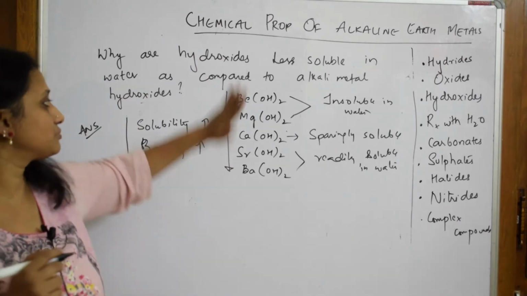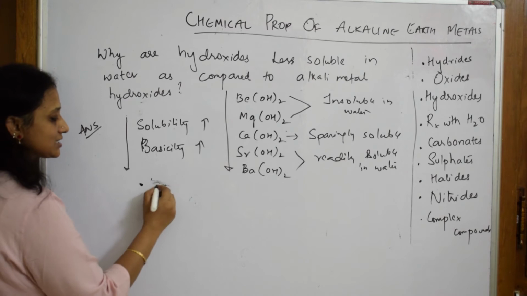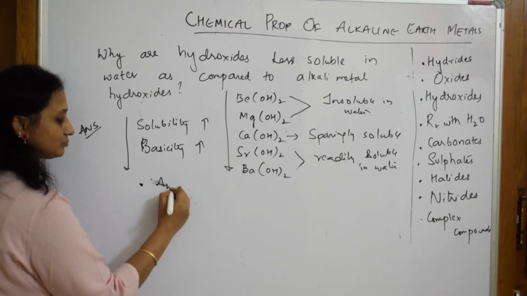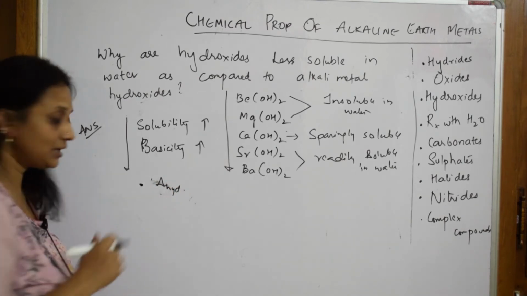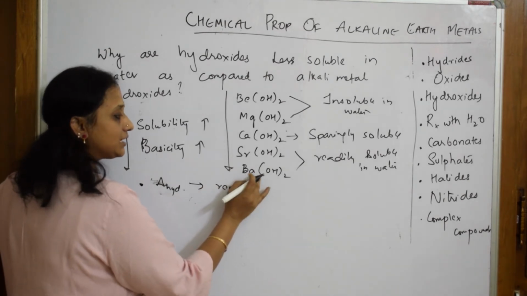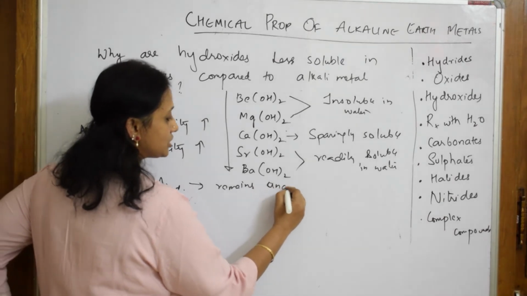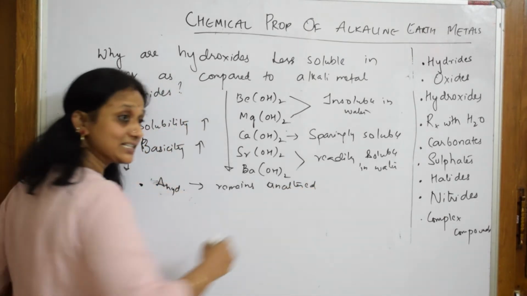It will not change from top to bottom. That is the first thing you have to remember. Let me write it as delta hydration enthalpy: it remains unaltered. Now I'm going to speak in terms of lattice enthalpy.